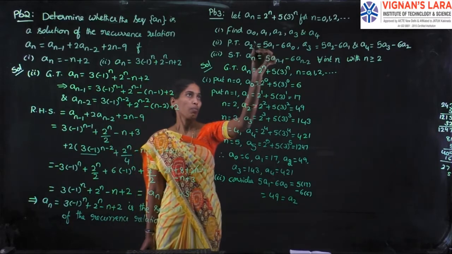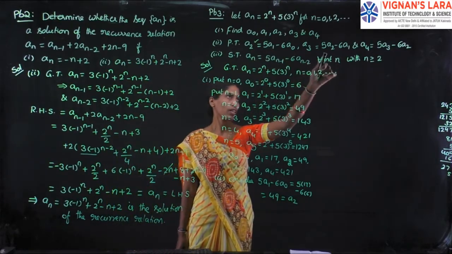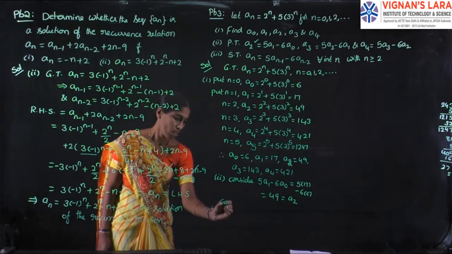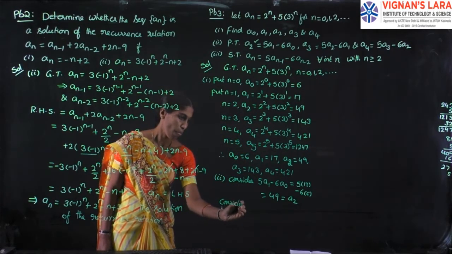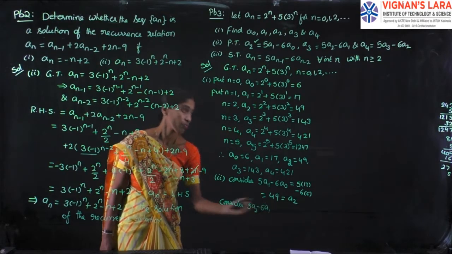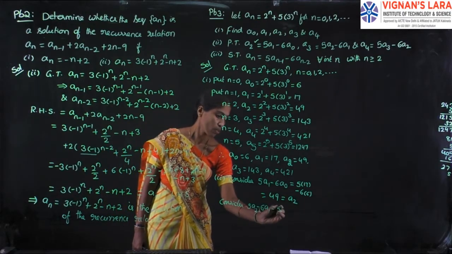So it is completed. Next we see the second part, which is a3 is 5a2 minus 6a1. Now consider 5a2 minus 6a1. What is a2 value?